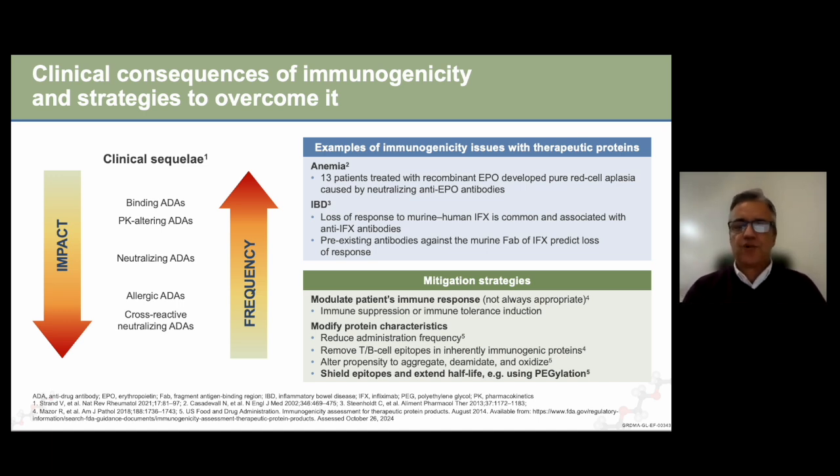But we can also modify protein characteristics, such as reducing administration frequency, removing T and B cell epitopes, and shielding the epitopes with extended half-life strategies such as PEGylation. The important point here is to mitigate these factors that can alter the protein characteristics of a drug.